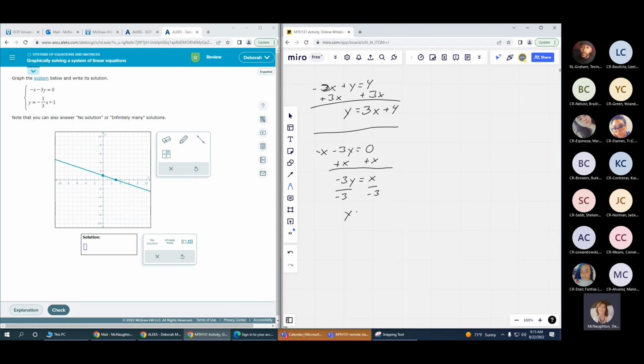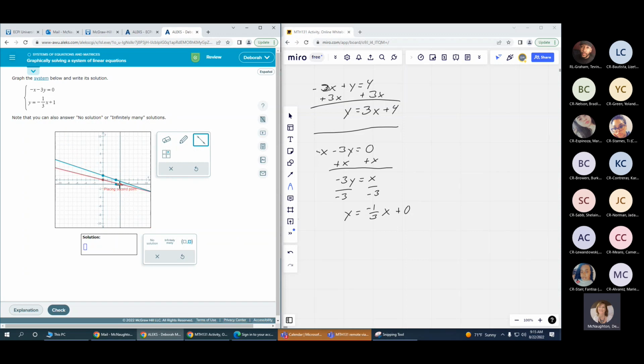And I get y equals -1/3 x. And remember, there's basically a +0, okay? So my y-intercept in this case is 0. So my point is at (0, 0). And then I'm going to go down 1 and over 3, down 1 and over 3.